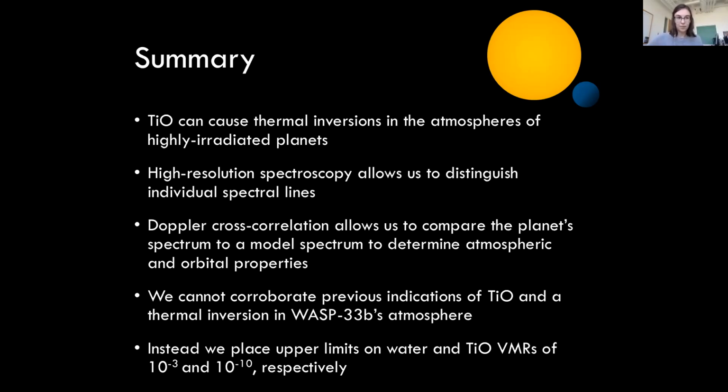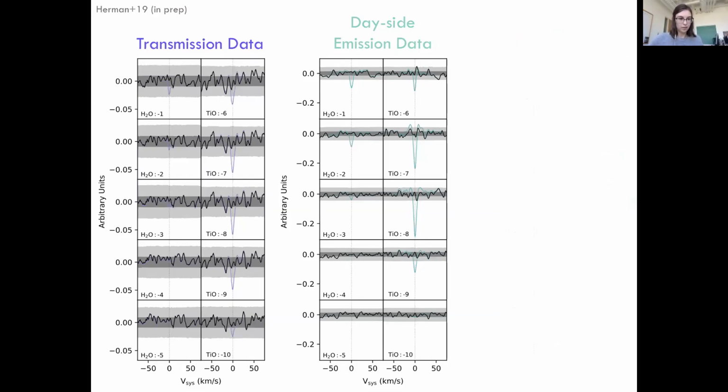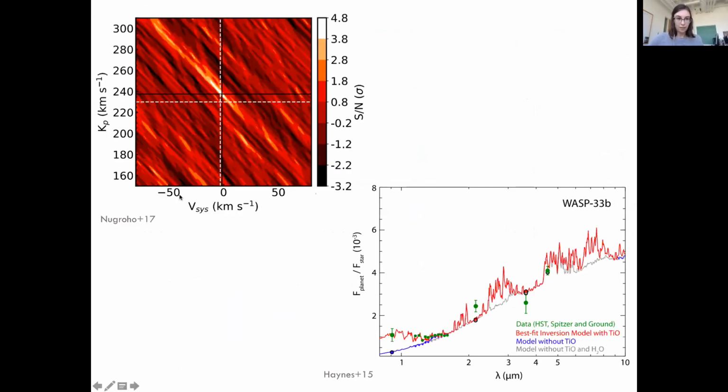And I didn't mention this in the talk, but we did talk with the authors of this paper and compared their models with our data and our models with their data, just to make sure there's no problem with the models or the data reduction process, and they all seem fine. So to be honest, I have no idea what's happening.